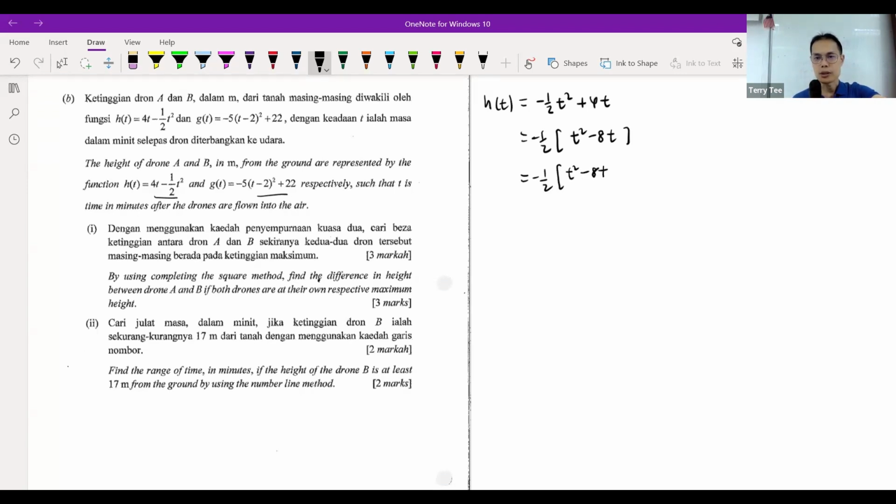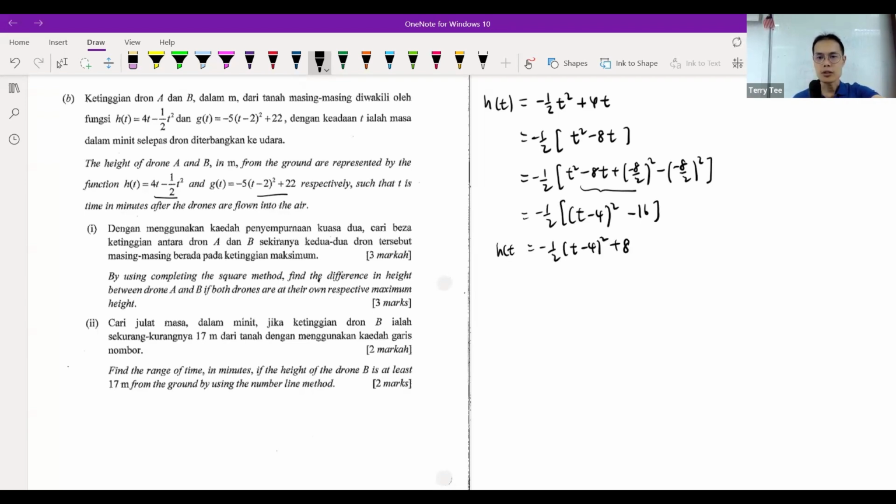That number should be half of -8, so it's -8 divided by 2. You square it, then you minus it off, right? So with that, you can combine the first 3 terms into t minus 4 squared. 4 squared is 16. You multiply inside, you get -½ with t minus 4 squared plus 8.